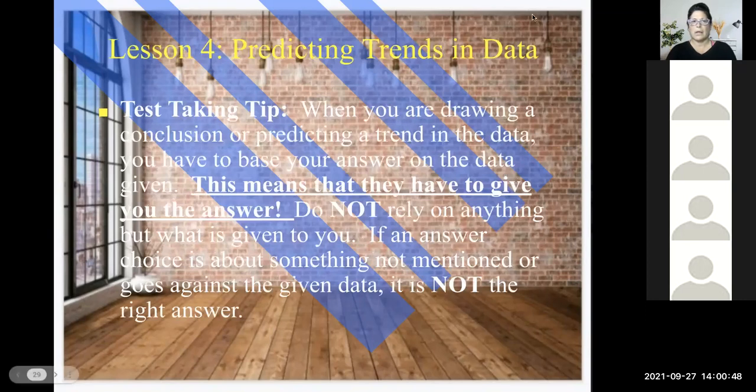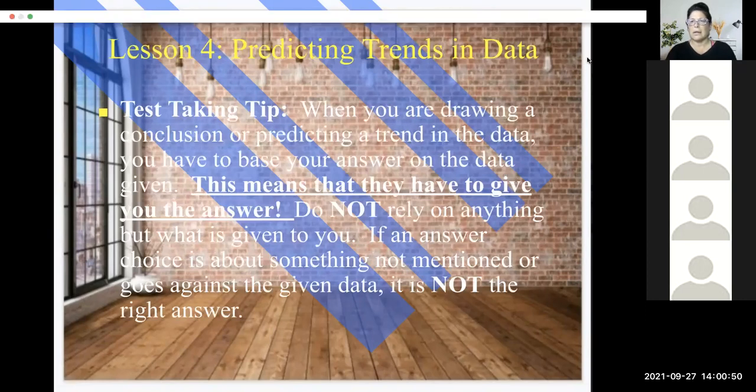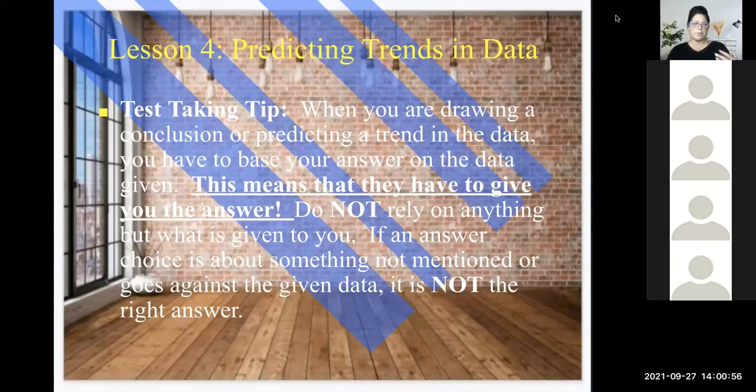All right. So, again, we come back to conclusions. So, once we've performed our experiment, we have gathered our data. We're analyzing our data to come up with a conclusion, or predicting a trend, right?